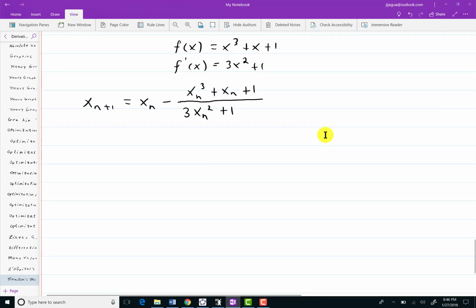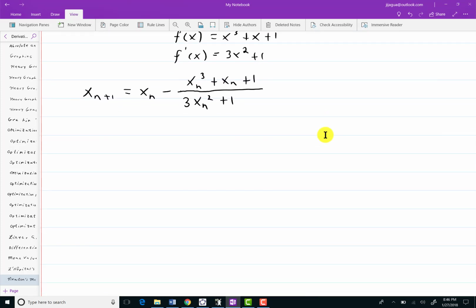Here's what we're going to do in your calculator. Y1 equals x minus, you have to use parentheses, x cubed plus x plus 1, divide 3x squared plus 1. Let's go ahead and put it into the calculator.